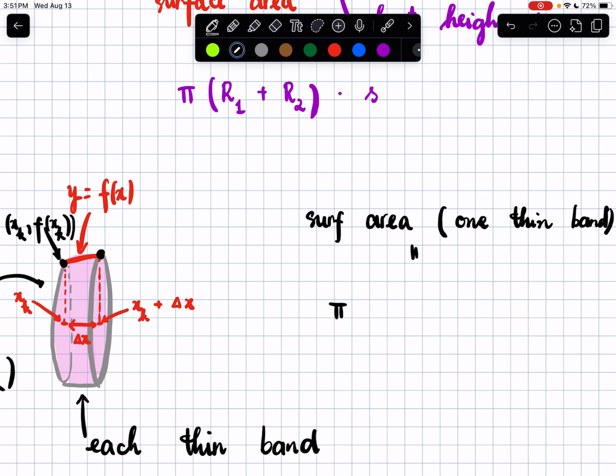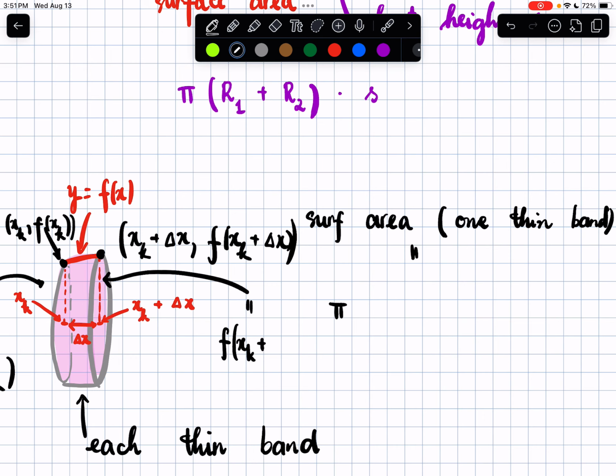So this point has coordinates (xk plus delta x, f of xk plus delta x). So this length r2 is f of xk plus delta x.